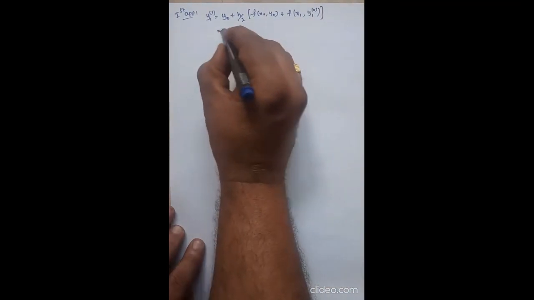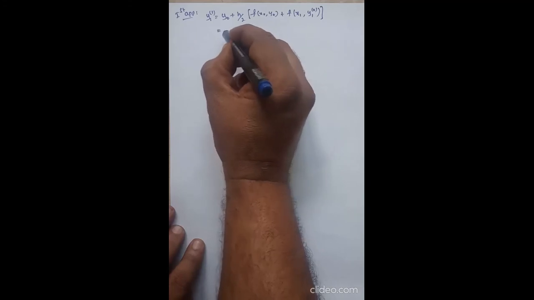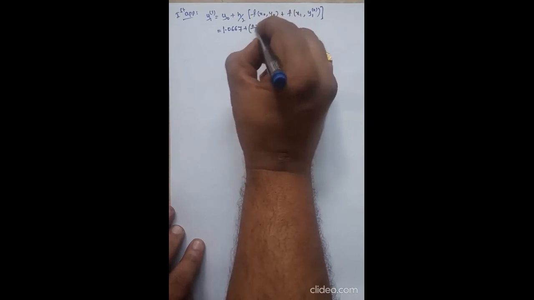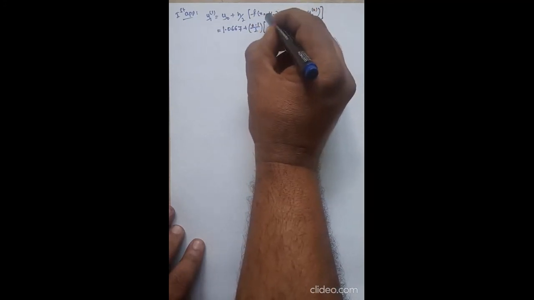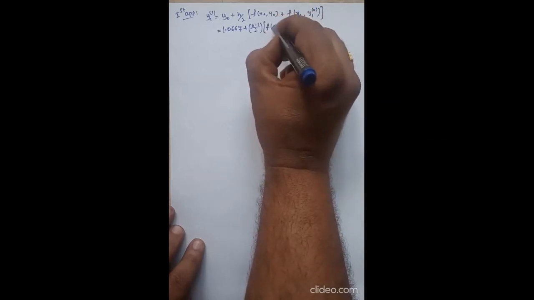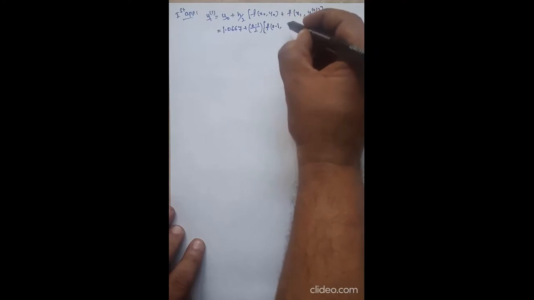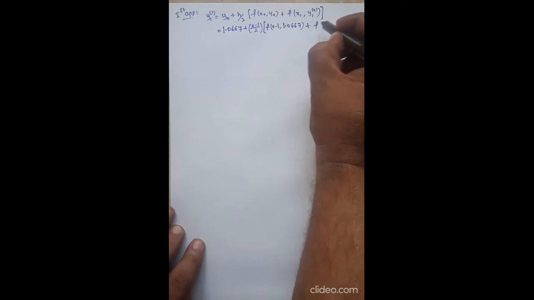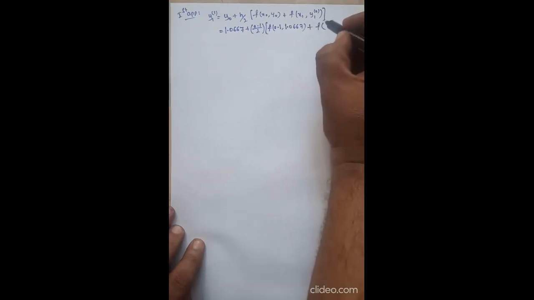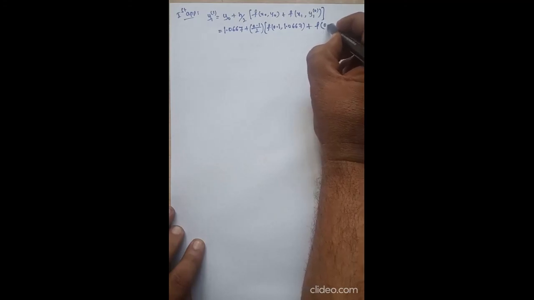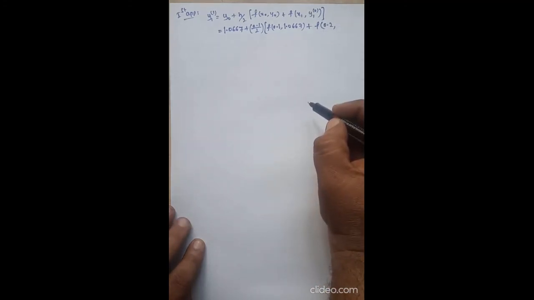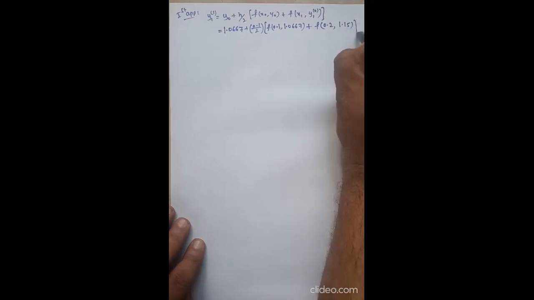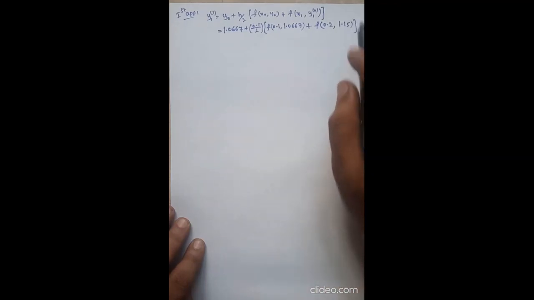Let us substitute the values. y0 is 1.0667 plus h is 0.1 divided by 2, f of x0 is 0.1 comma y0 is 1.0667, plus f of x1. Here x1 is already 0.2 comma y1 power 0, which is 1.15. So the initial value we got in the previous step, I am substituting.